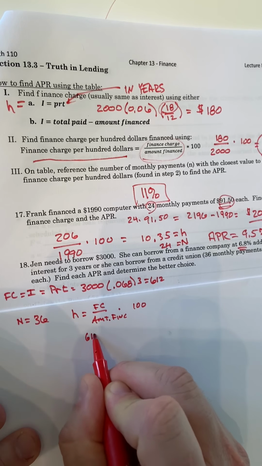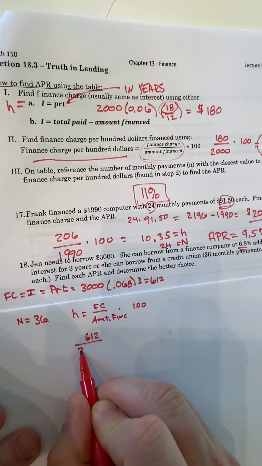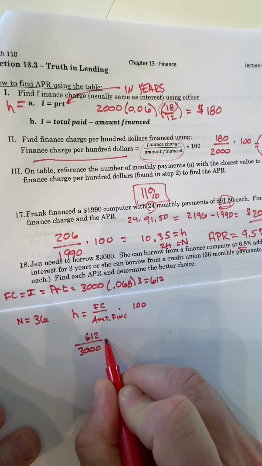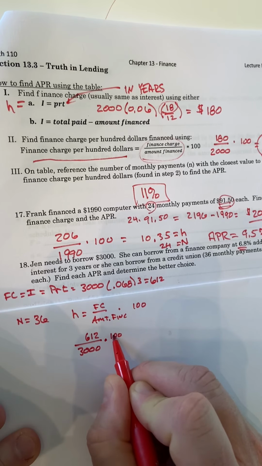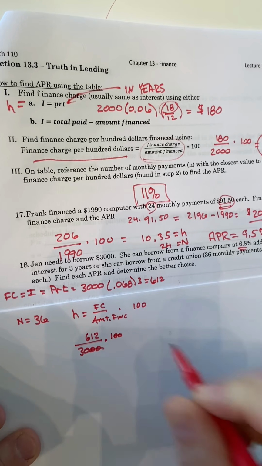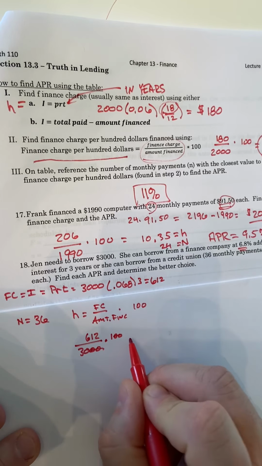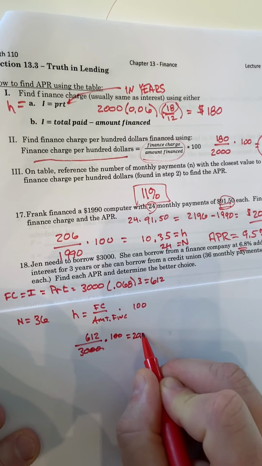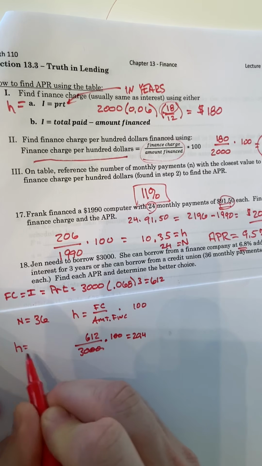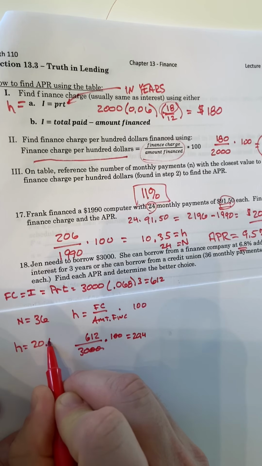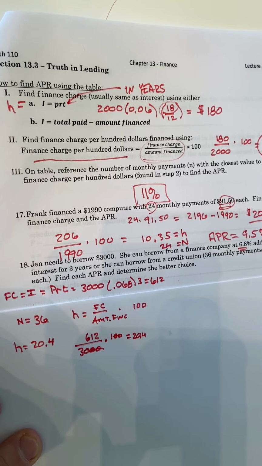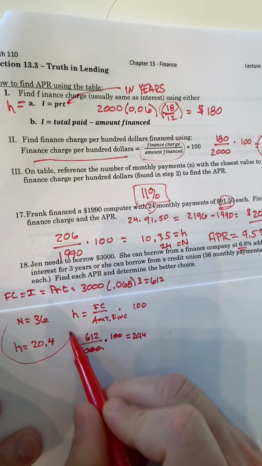The finance charge was 612 divided by 3,000 times 100. A lot of these zeros cancel right off the bat, and 612 divided by 30 is 20.4. That's what H is, 20.4. So far, so good. We need to take these two values and look them up on the previous chart to figure out what the annual percentage rate is. Pretty exciting.